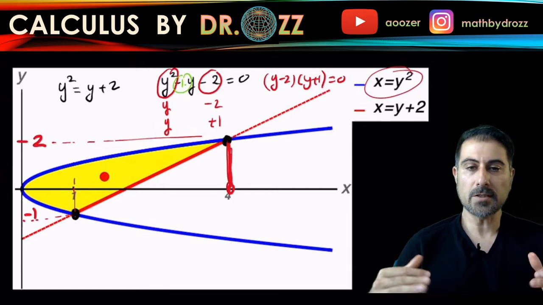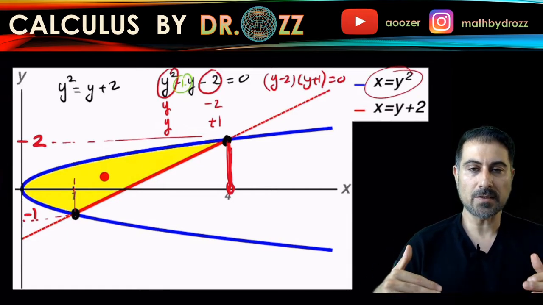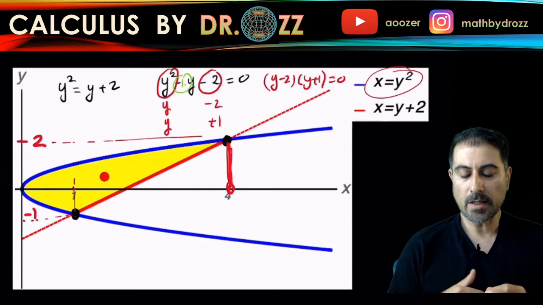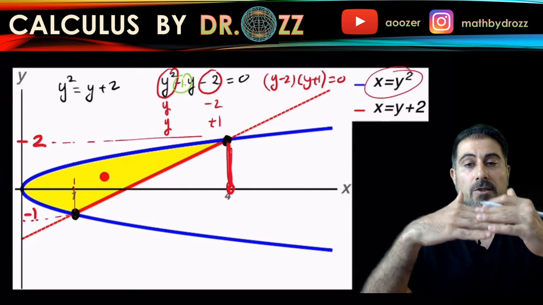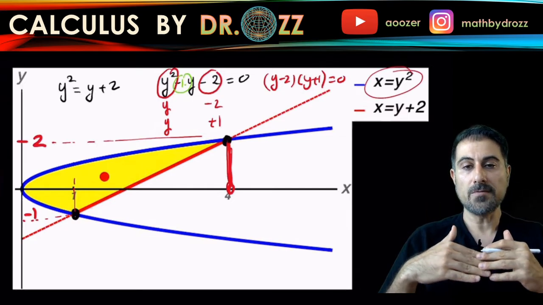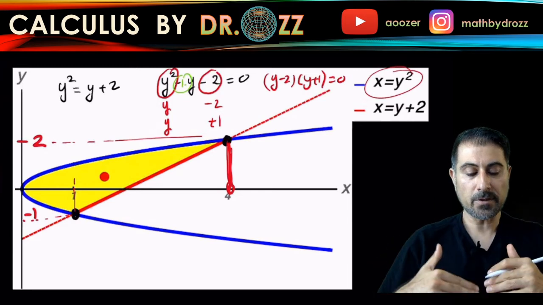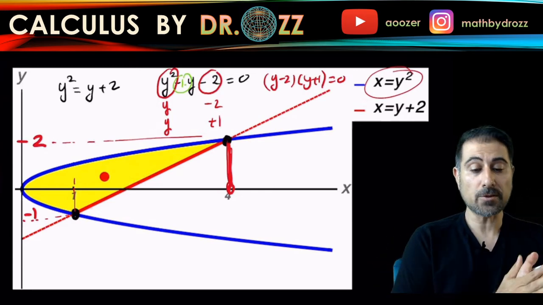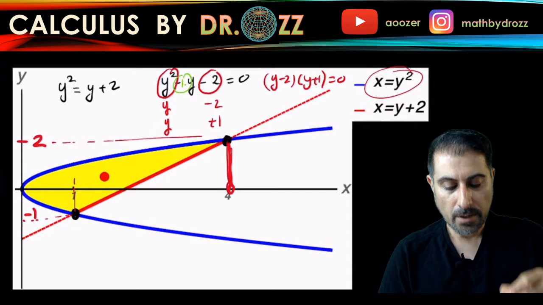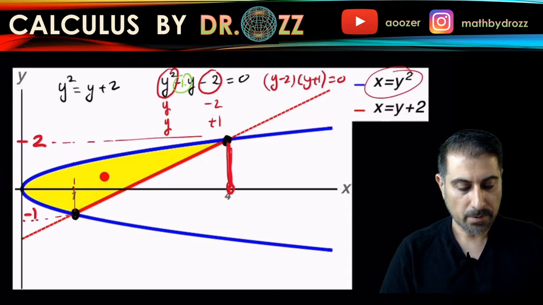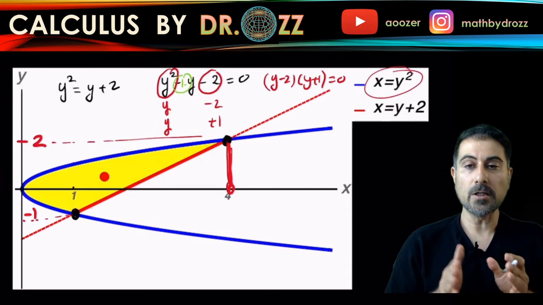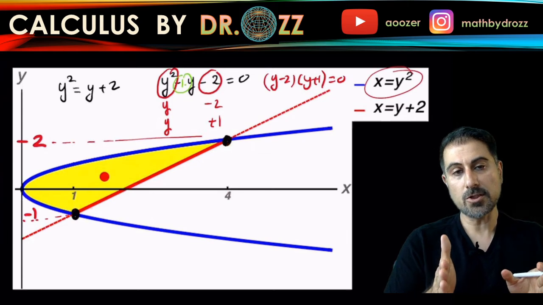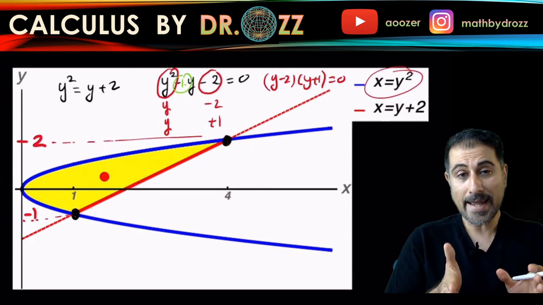We're not really thinking about the x business here, because in the formulation we have the top function and the bottom function, not with respect to x, but with respect to y. So I'm just going to clean this part up a little bit, and I want to say that we're going to look at this region with respect to the y-axis.